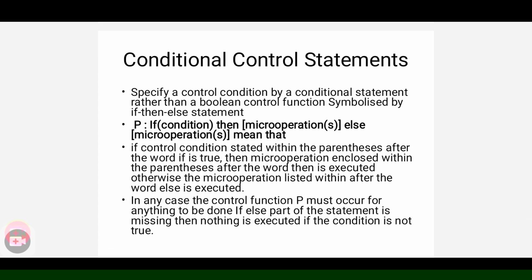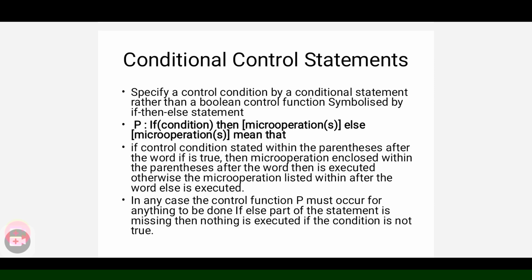Next operation is conditional control statements. It specifies a control condition by a conditional statement. An example is the if-then-else statement, which is a conditional control statement. We have a control function P. So P colon, if condition, then do a particular micro operation or micro operations, else do a particular micro operation or micro operations.